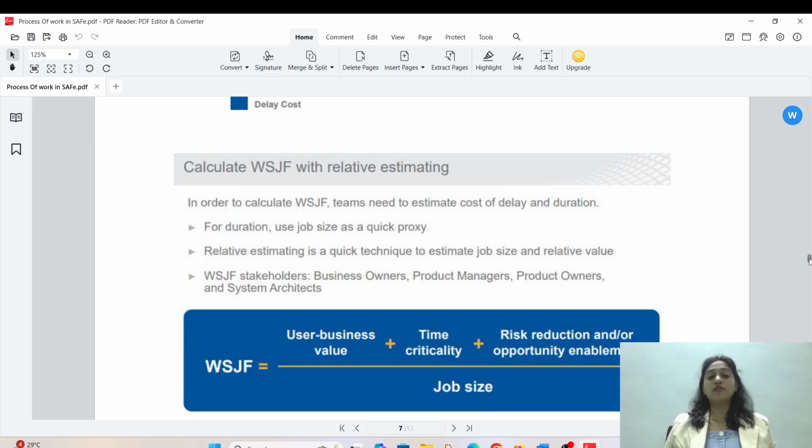The stakeholders are the business owners, product managers, product owners, and the system architect. Okay, those stakeholders will decide that. Okay, user business value plus time criticality, risk reduction and or opportunity enablement, divided by the job size. Okay, we can get this calculated.